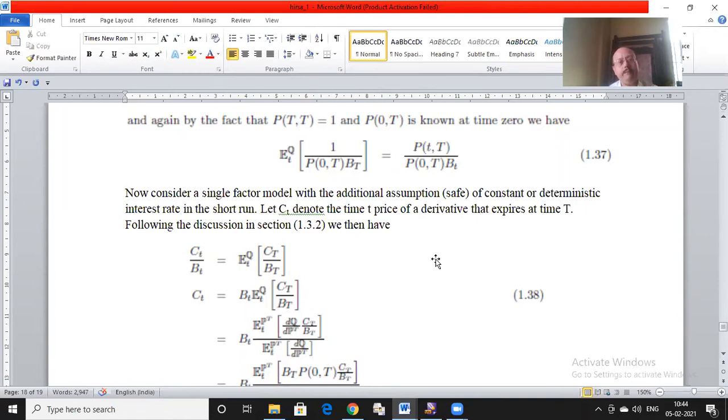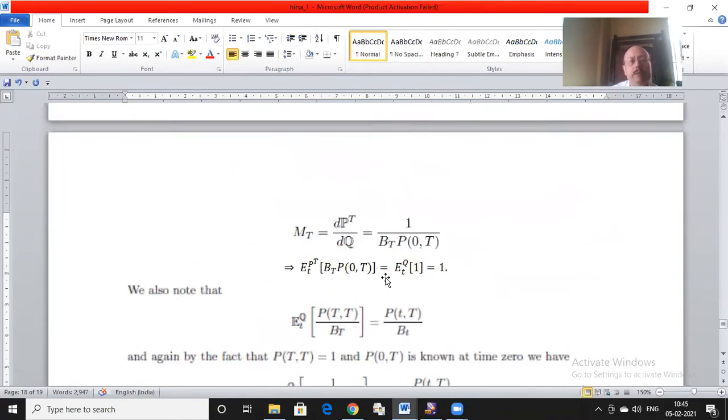We also make the safe additional assumption of a constant or deterministic interest rate. So this is a special case of whatever we have discussed so far. At least in the short run, my interest rate is deterministic. Let C small t denote the time t price of the derivative that expires at time capital T. C small t is the usual notation for the current price of the derivative.